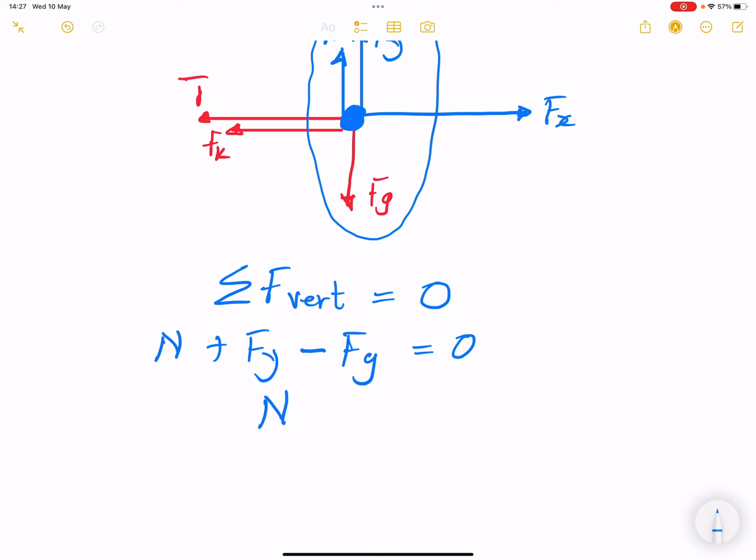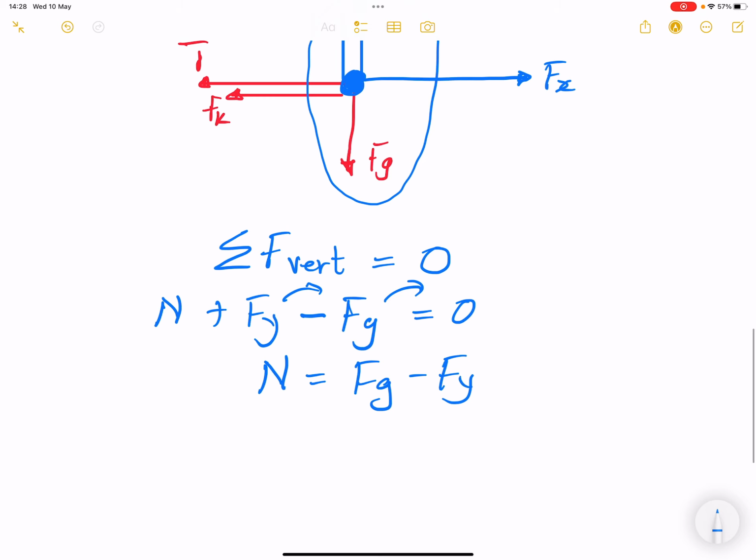So to get my normal force, take these to the other side. Then Fg becomes positive and Fy becomes negative. So the normal force in this case would be mass times gravitational acceleration, minus, remember we said for that Fy there, that would be F, the applied force, multiplied by the sine of the angle, which is 15.